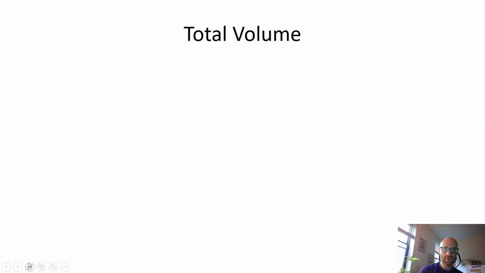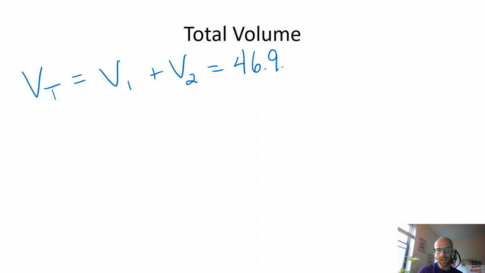So now we can go through, and to find our total volume needed to accomplish this, you just have to add your two volumes, which would be 46.9 milliliters plus 27.